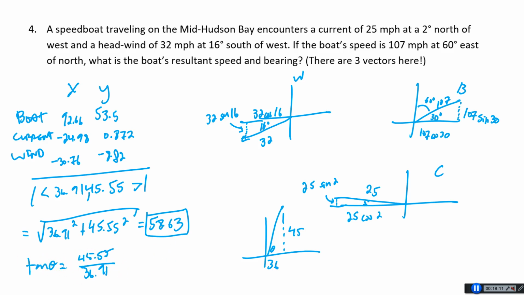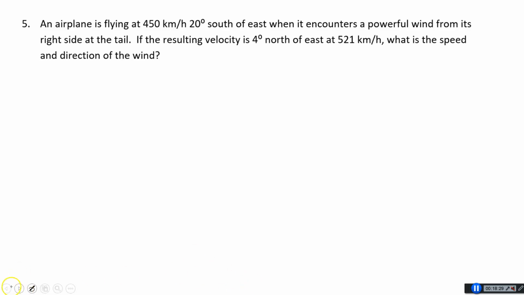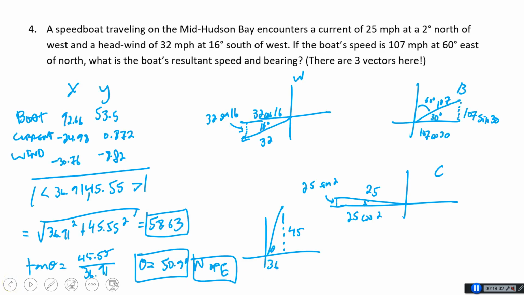So theta will be tan inverse of that guy, and that ends up being 50.9 degrees. And that's definitely going to be north of east. Okay, so it's north of east. Good. So, use tangent to find that angle, and just use the Pythagorean theorem to find the magnitude of the speed.